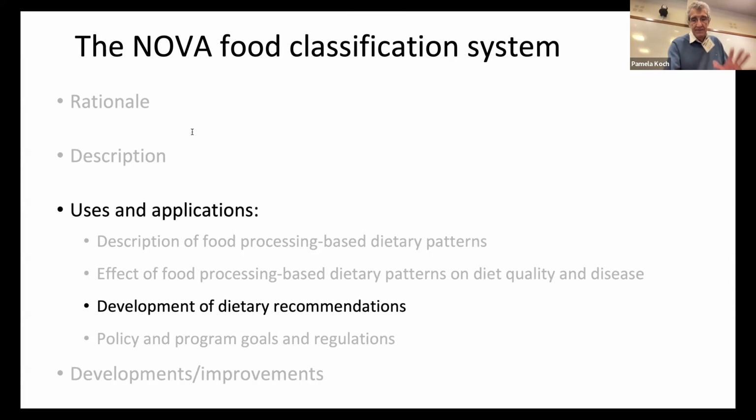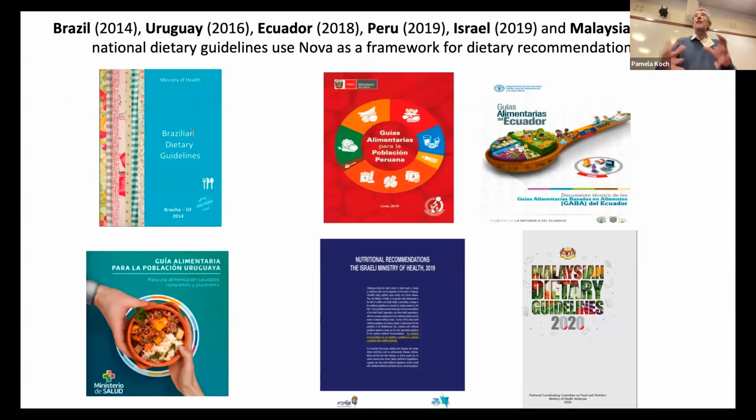Well, I'll finish with some more slides to tell you that NOVA is also being used to formulate dietary guidelines. Brazil was the first in 2014. Then you have some South American countries, Israel more recently, Malaysia. I would like to add the Nordic countries.